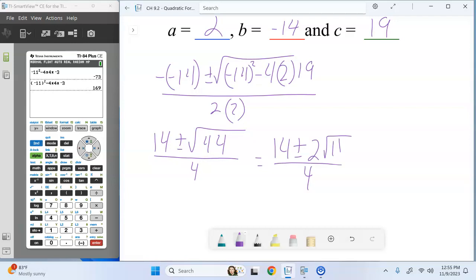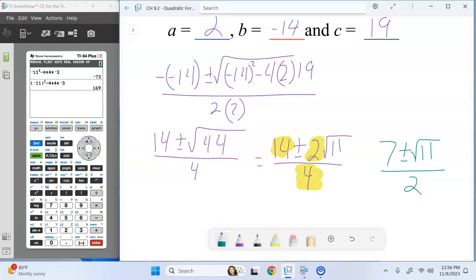But we want to simplify the radical and then see if we can simplify the fraction. If all three terms have a common factor, then we can simplify it. What can I simplify it by? Divide everything by 2, and we get 7 plus or minus root 11 over 2.